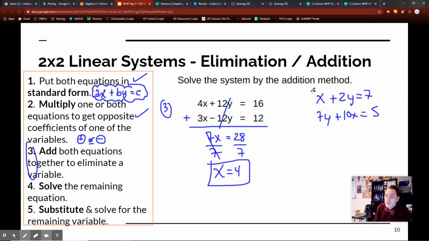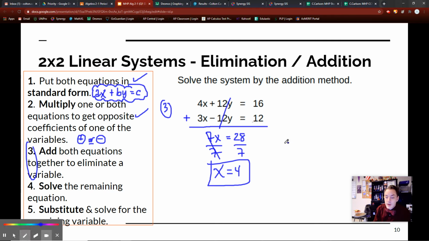I'm just making something up. Sometimes we say there's no coefficient there, but there is technically a coefficient there, and that coefficient is 1. That would be a great opportunity to do substitution. But since we don't have that opportunity, we're not going to do that.